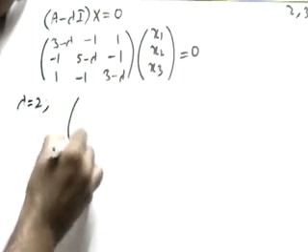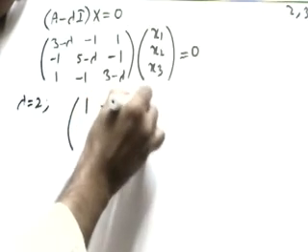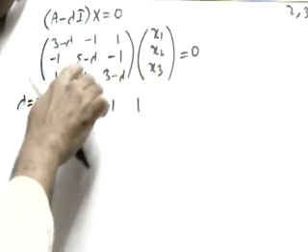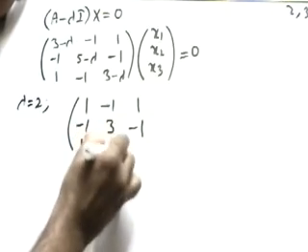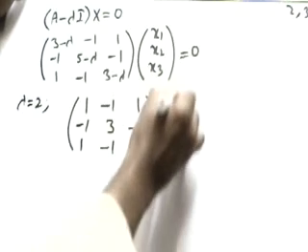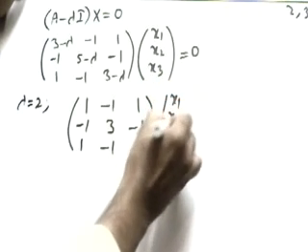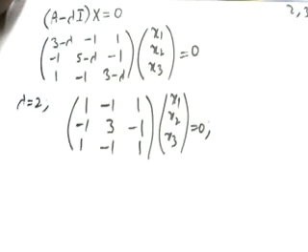Let me substitute. If we keep lambda equals 2, this will be 3 minus 2, minus 1, 1; minus 1, 5 minus 2 will be 3, minus 1; 1, minus 1, 3 minus 2 will be 1, into x1 x2 x3 equals 0.